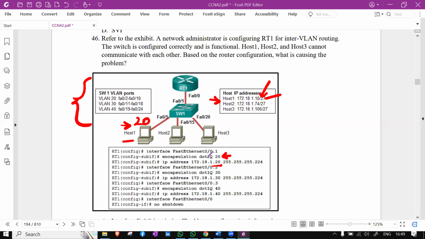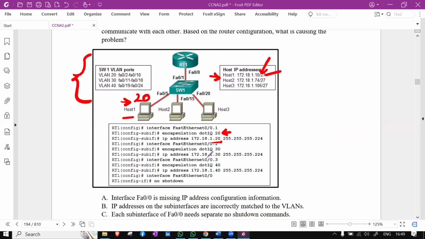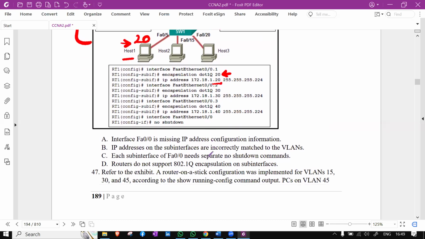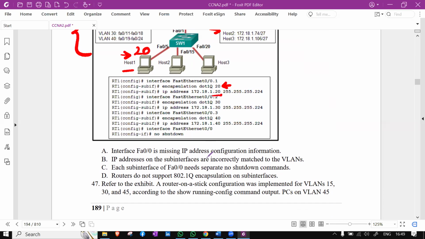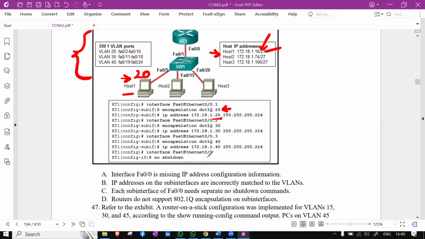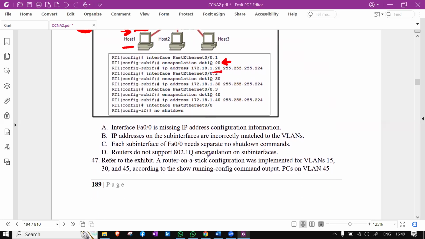It makes sense. So the answer: interface is missing IP address configuration, no. Answer B. IP addresses on sub interfaces are not matching the VLANs.